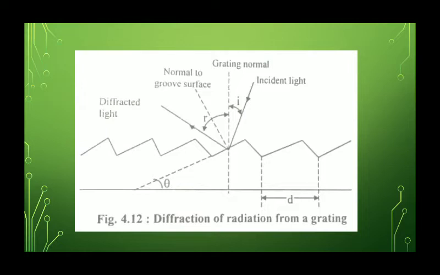Generally 15,000 to 30,000 lines or grooves per inch are drawn for the ultraviolet and visible region. The grooves act as scattering centers for rays incident on the grating. Thus the light is diffracted or spread out over a range of angles and in certain directions reinforcement or constructive interference may take place.